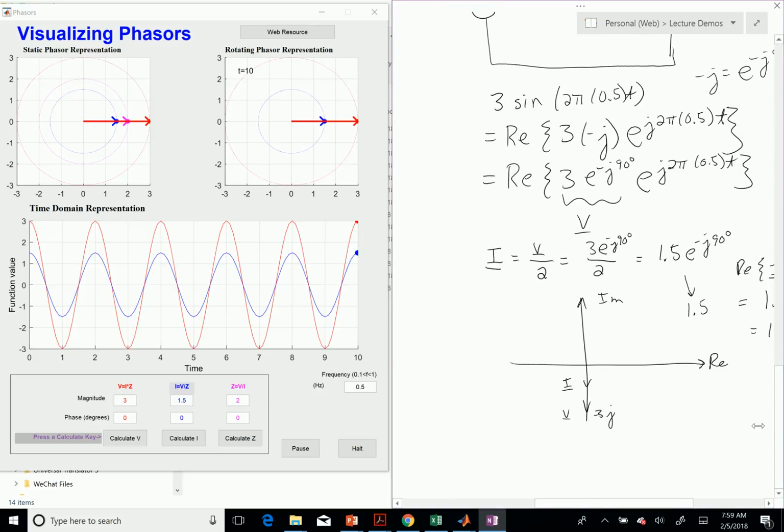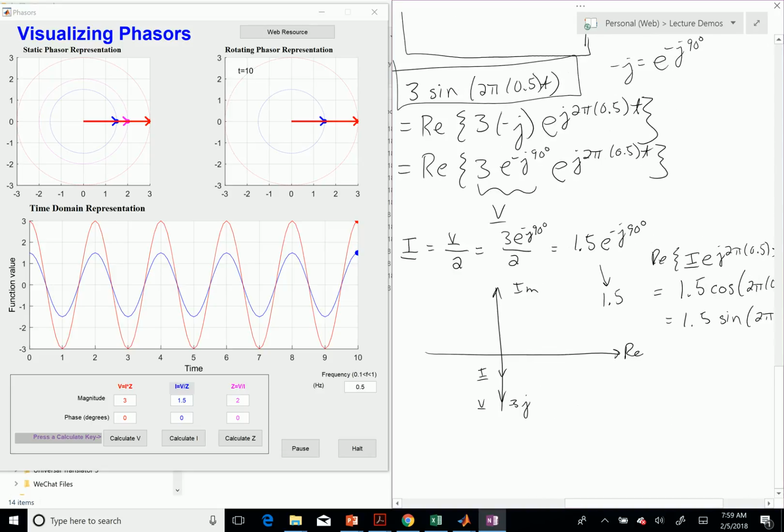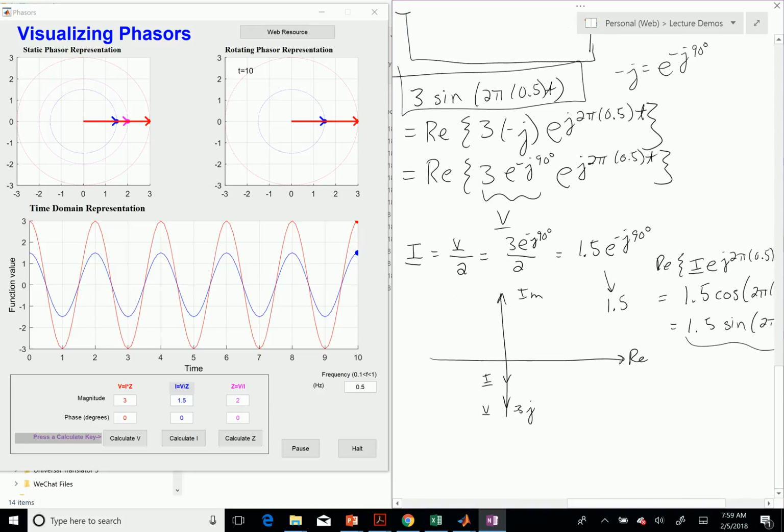So here's the voltage, here's the current over here. Those two things are in phase with each other.